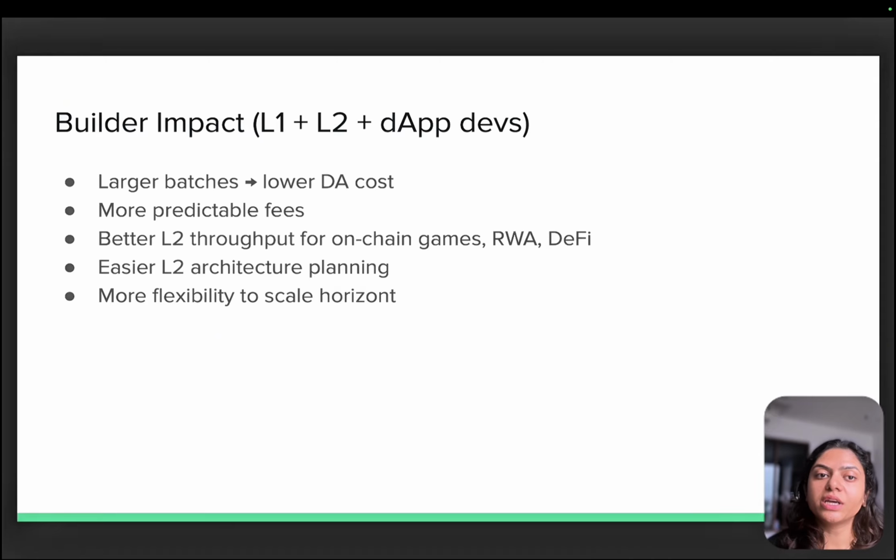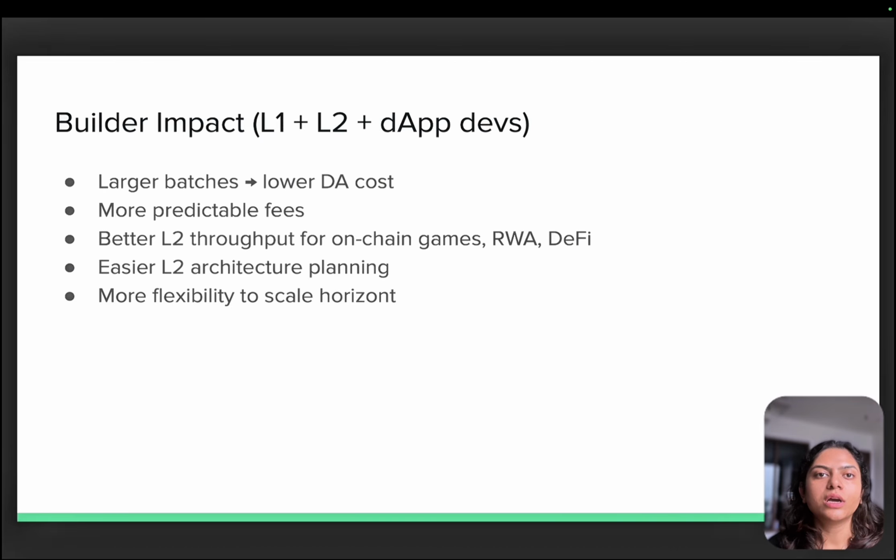What is the impact on builders and developers, L1 and L2 devs? For builders, this means larger batches and lower DA cost. They can make a larger batch size of transactions, with more predictable DA fees. There's better L2 throughput for on-chain games, RWA and DeFi, more reliable L2 infrastructure, easier L2 architecture planning, more flexibility to scale horizontally, and easier scaling planning.